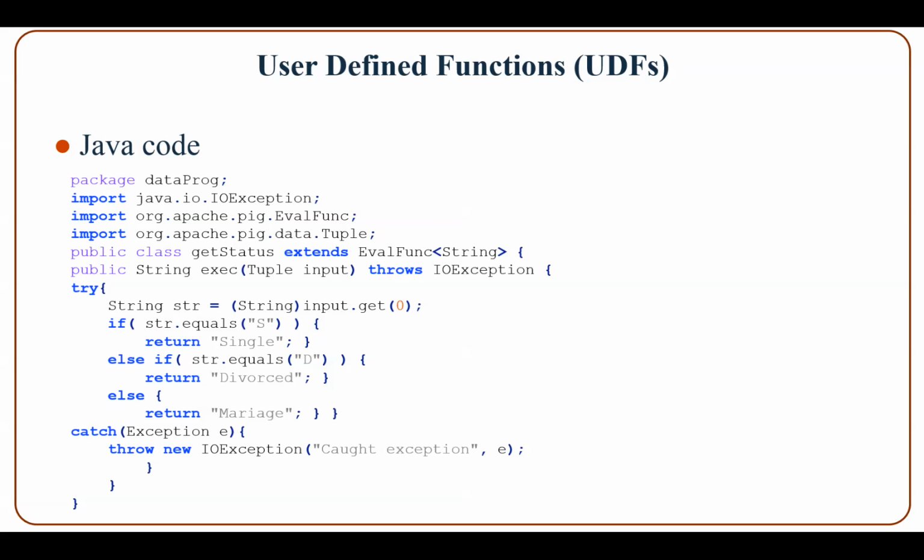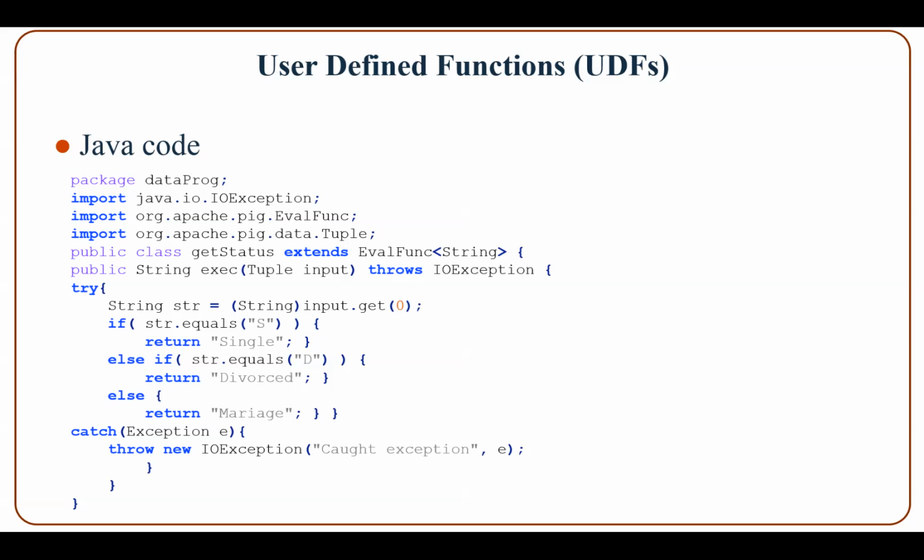This slide shows an example for the user-defined function. Here we have a package, namely dataproc, and we import from several libraries. The class name is getStatus, that extends EvalFunc, which is a class in Pig. Exec takes input as a tuple and returns a string.